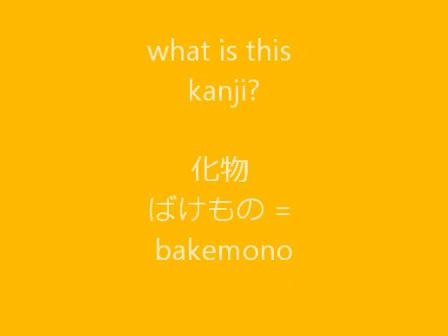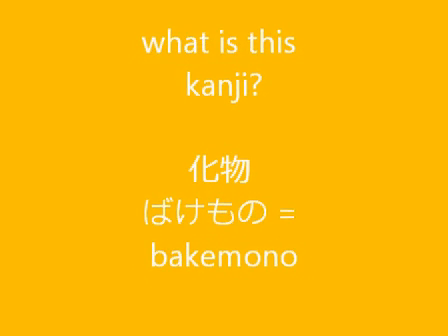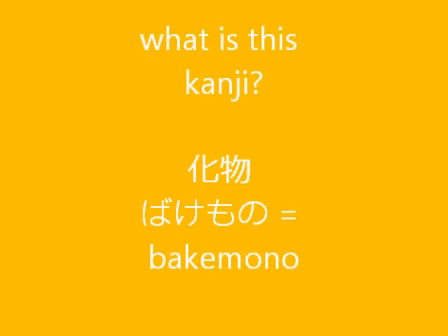Let's try another. What about bakemono? Composed of a change and a thing. The two kanjis. Bakemono. Bakemono is a monster. Now let's see again the kanji for what is it?